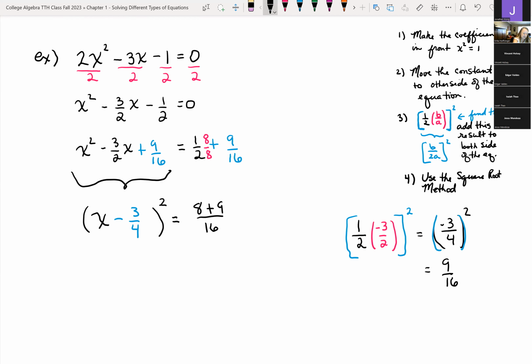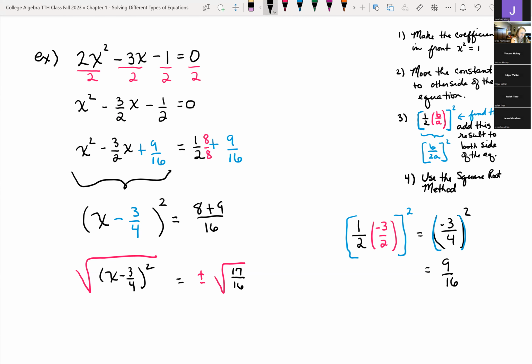So we can use the square root method now. Taking the square root of both sides, we have the square root of x minus 3/4 quantity squared is equal to plus or minus the square root of, well, 8 plus 9 is 17 all over 16.